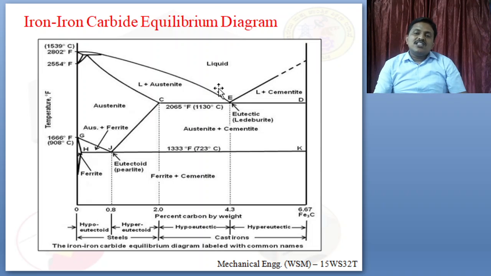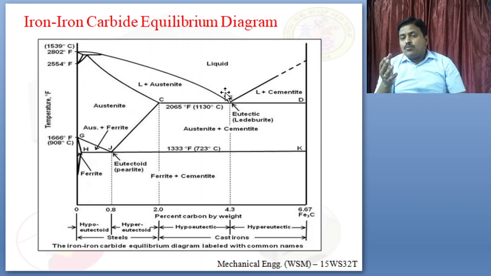When you see the liquid phase, here it will be liquid plus austenite, and liquid plus cementite is going to separate. And you can see there is a graph. Here you can see 723 degrees is very important. It is the recrystallization temperature. What is this 1130 degrees centigrade? It is almost equal to the melting point of the iron carbide material.